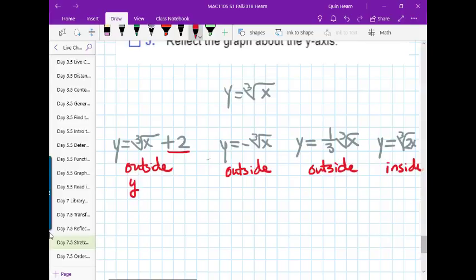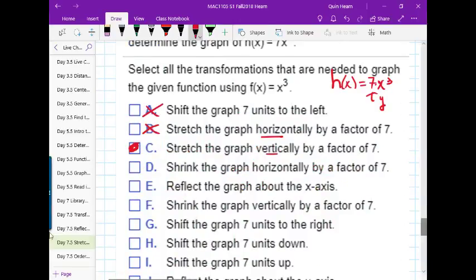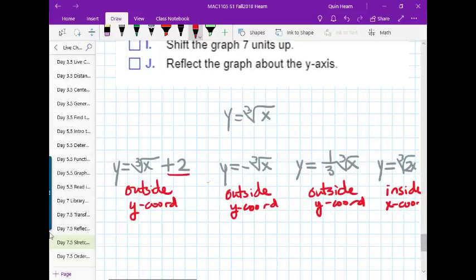So what that means is that these first 3 affect the y coordinate, but this one affects the x coordinate. So anything that affects the y coordinate on the outside is going to be a vertical change of some kind. Each one of these is going to be some kind of vertical change, but this one is going to be a horizontal change.